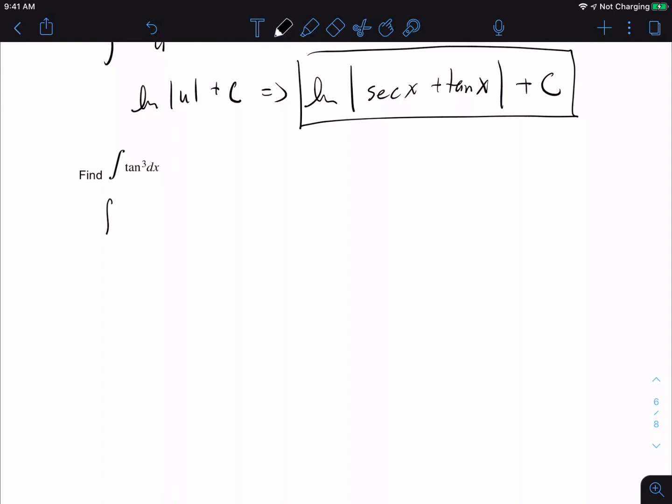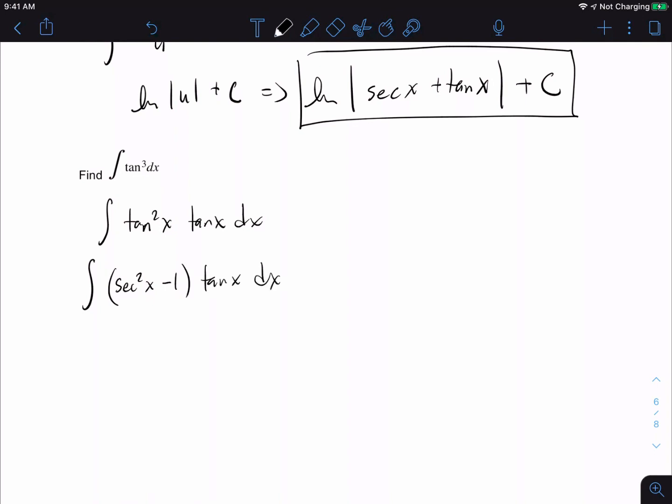So what I'm going to do is take it and go, all right, tan squared x times tan of x dx. And then I'm going to use the identity and go, secant squared x minus 1 times tangent of x dx.